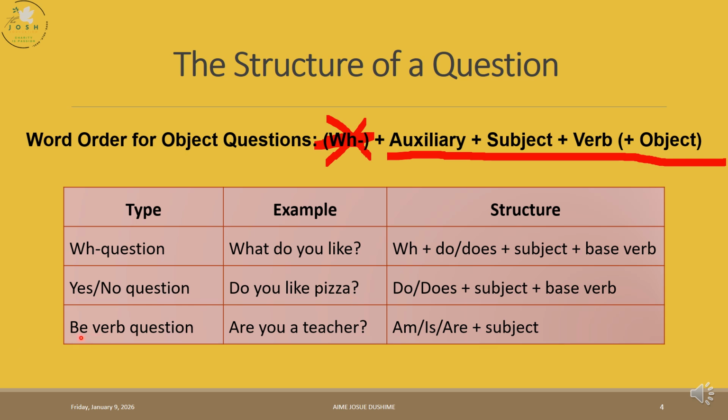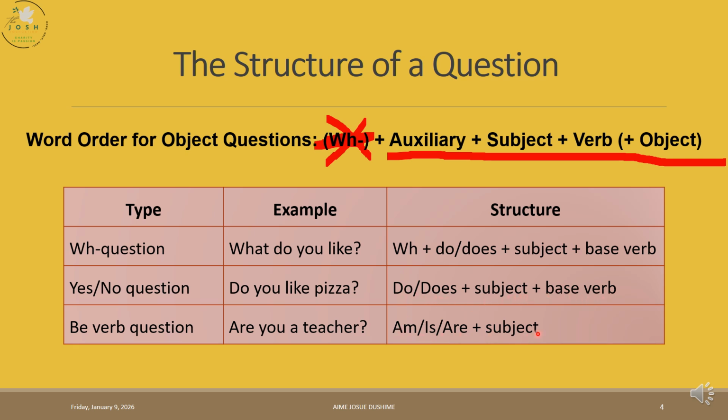There is another we call the be verb question. Remember the be verb question, we learned it in the first lesson of A1 when we were learning the present simple forms of to be, is, are, and how we used them. We used is, are plus subject plus noun or adjective. That's what we call the be verb question. So the structure, as you can see here, is WH, do, does, subject, base verb. The base verb means the verb without change. And for the yes/no question, we have do, does, subject, V1.